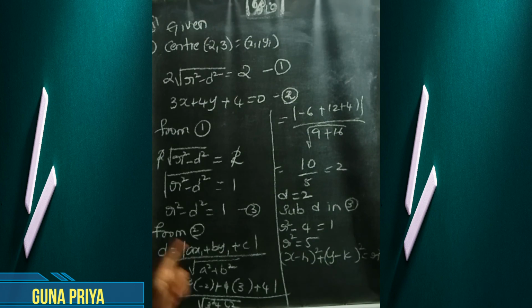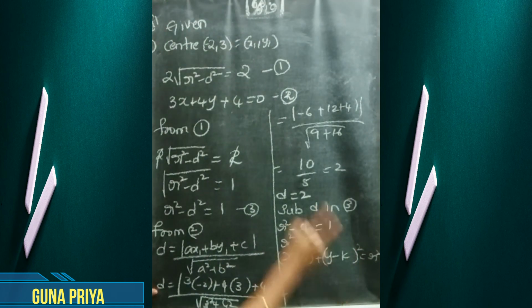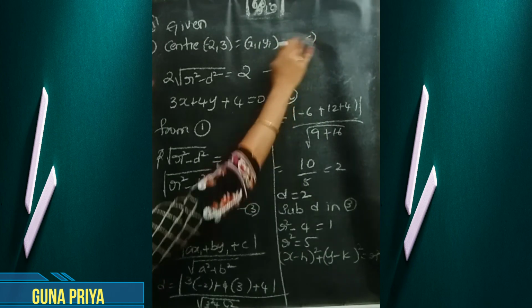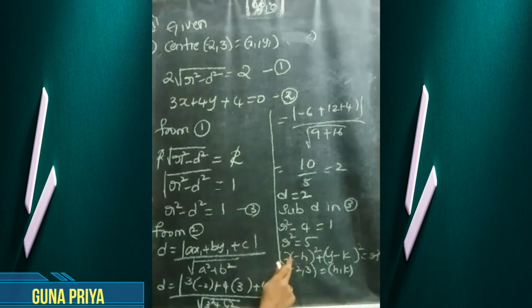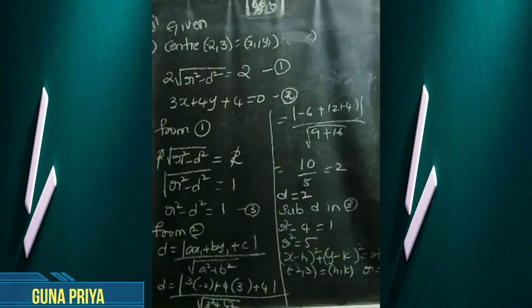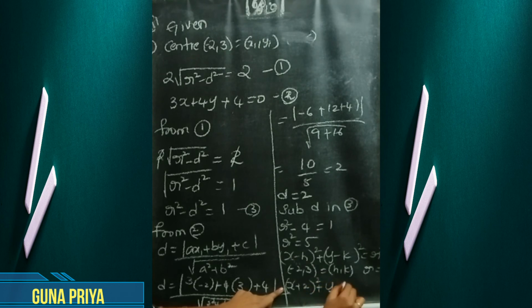The equation is x minus h whole square plus y minus k whole square equals r square. Now substitute: minus 2 comma 3 will be h comma k, and r square equals 5. So x plus 2 whole square plus y minus 3 whole square equals 5.